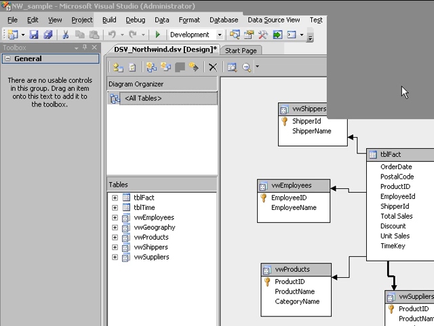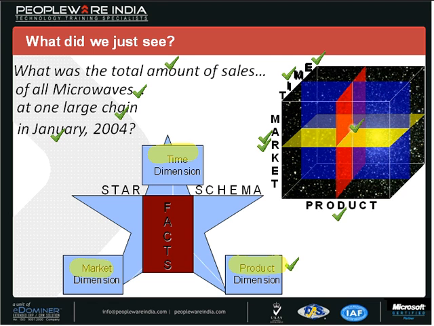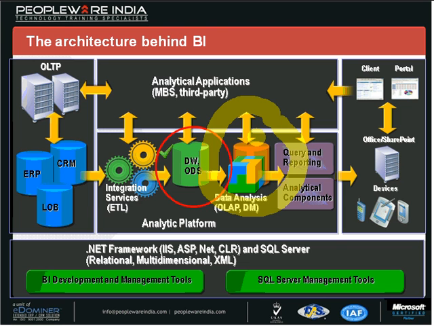And if you remember, I hope all of you remember, this is what we created. We have created a star schema where we have a fact table and a couple of dimensions surrounding it. Basically, all the dimensions have relationships with the fact table, and the relationship is one to many. And I will continue with my demo.